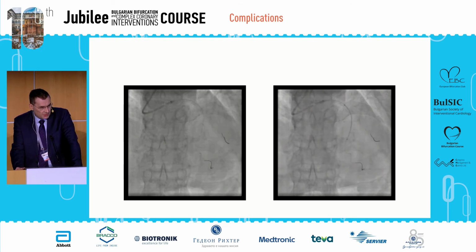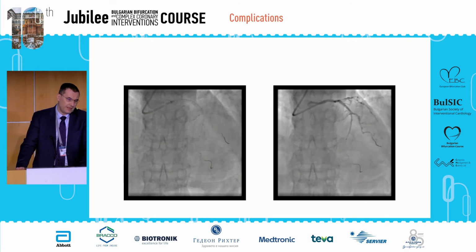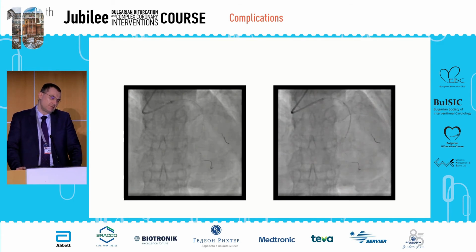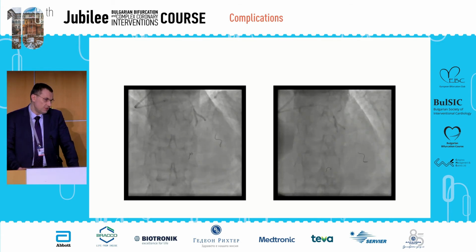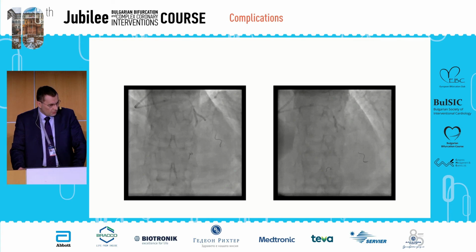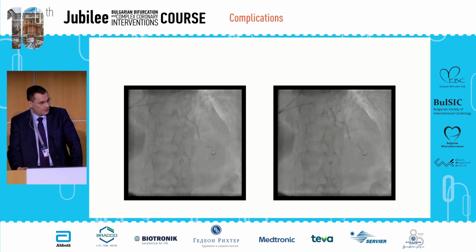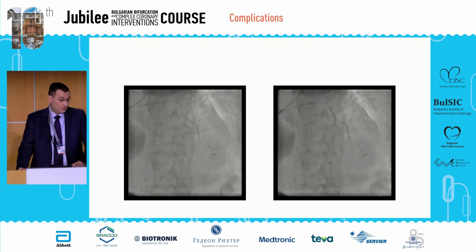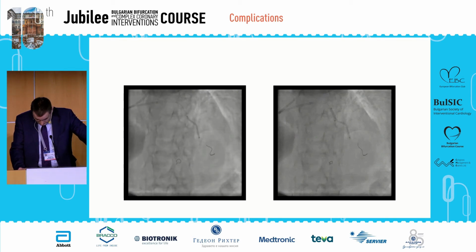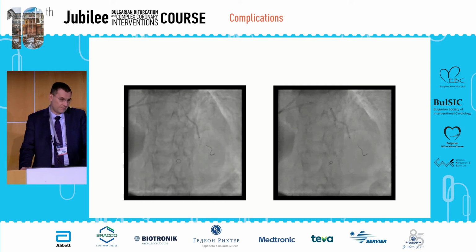We placed an additional long 2.5 stent to cover the distal lesion too. This is distal optimization with several kissing inflations for the distal part. Then we used a drug-eluting balloon for this diagonal branch, and then we made proximal optimization with kissing inflation, the so-called POCI technique from us.